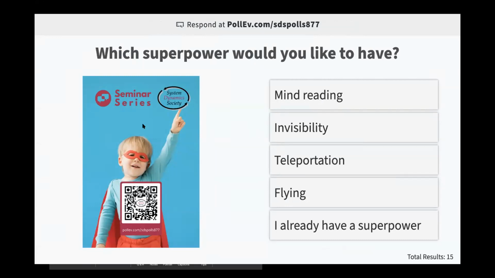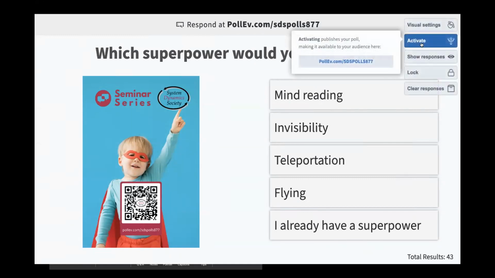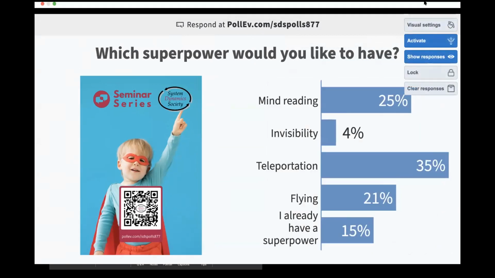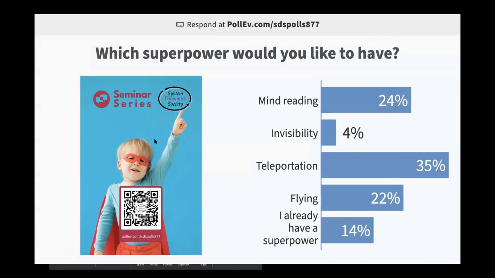Starting with mind reading, maybe invisibility, teleportation, flying, or maybe you already have one. I'd love to know which one, so please go ahead and share with us. Let me just click here to show the responses. So people really want to teleport. I mean, nowadays in COVID times it would be a great one, right?